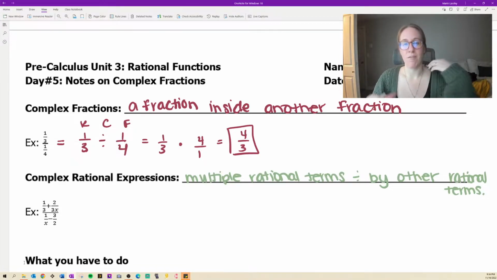All right, so you have more than one term in your numerator and or more than one term in your denominator. And just a reminder, by term, we mean pieces that are being either added or subtracted to each other.